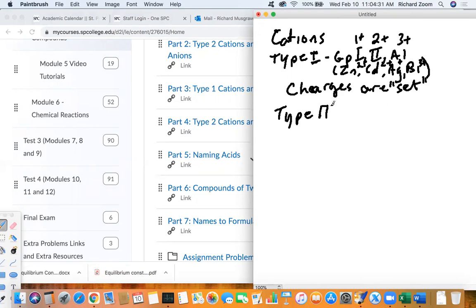No Roman numerals in name. Okay, type 2.